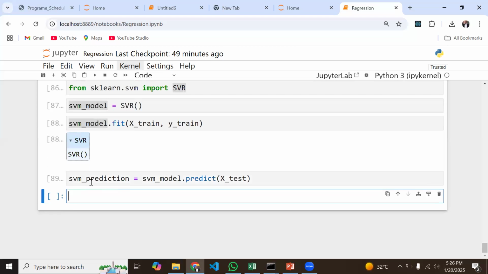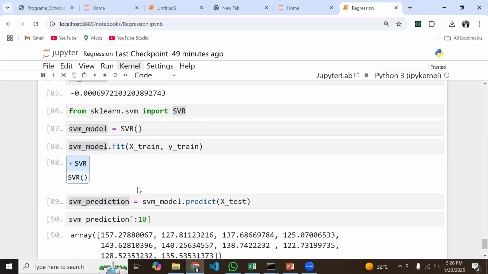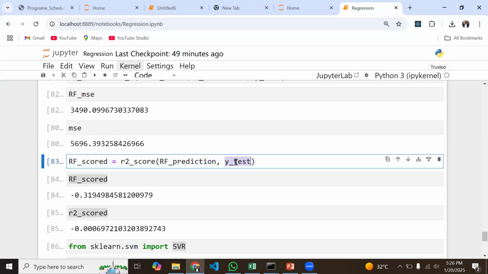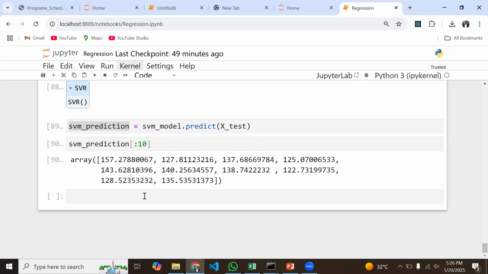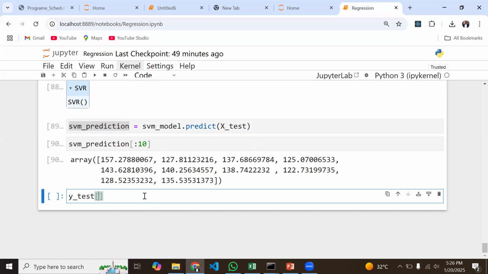So I ran this, and now let's just have a preview. Let's just get the first 10 values, okay? And let's get the actual Y test to also do the comparison. Also, let's get the first 10 values.